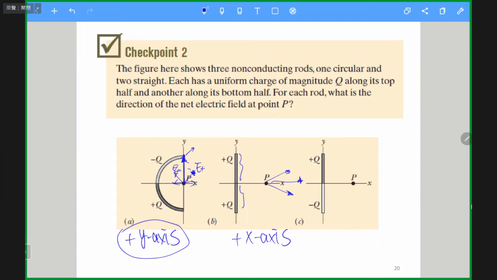Yeah, you can do it quickly. So for this one, you will generate the E field pointing to the bottom right, and then for this part, it will generate the E field pointing to the bottom left. So the y-axis components cancel, and then it will point to this side. So negative y-axis. Okay, so let's move on.